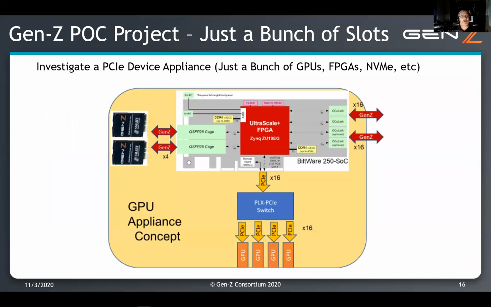And finally, we've got a new project that we're taking underway, and that is to allow those accelerators to be plugged in. So we're calling this just a bunch of slots, and it allows for GPUs, FPGAs, NVMe drives to be plugged in and use a feature that Gen Z has called virtual PCIe, or logical PCIe, that allows you to put PCIe devices at the end of the Gen Z link and then assign them back to the compute nodes.